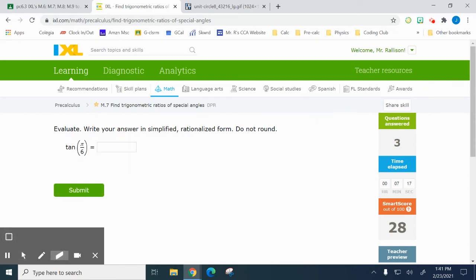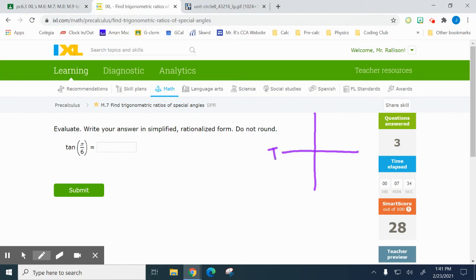So pi over 6. Now when you see pi, you should immediately be thinking radians, right? From the unit circle. Where is pi over 6 radians? Well, let's think through this for a moment. This is pi radians, 180 degrees, and the full circle is 2 pi radians. So this is pi over 2. And half of pi over 2 is pi over 4.